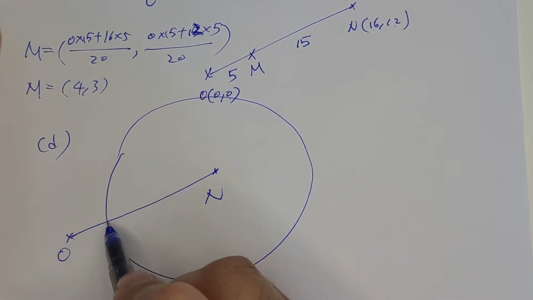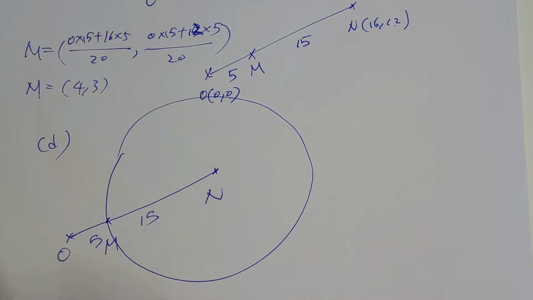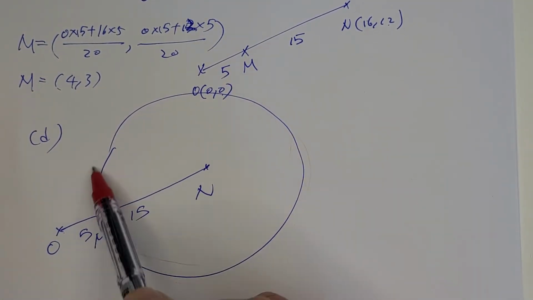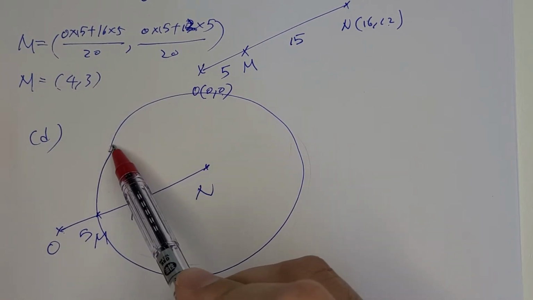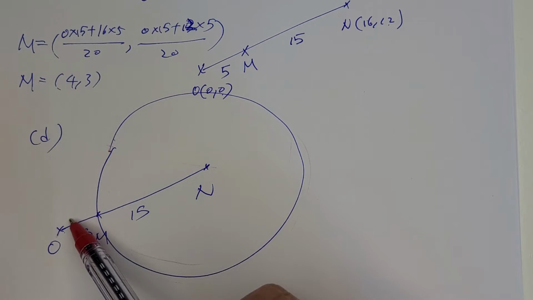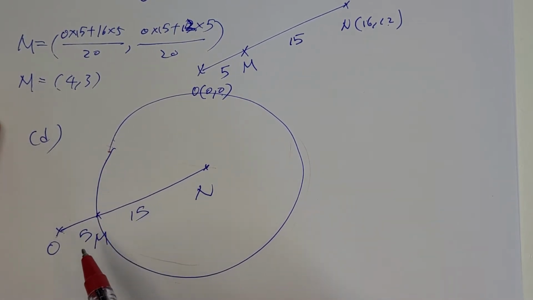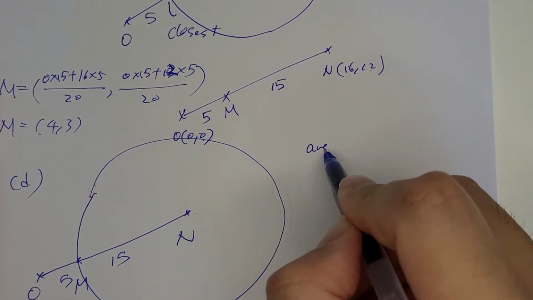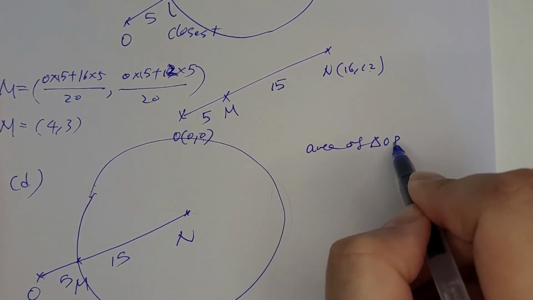So, we know this one is M, 5, 15. Now the point P is not fixed, it's moving. As you know, when the point P moves, the area of OPN will also move. So, we need to think, how do we find the area of triangle OPN?